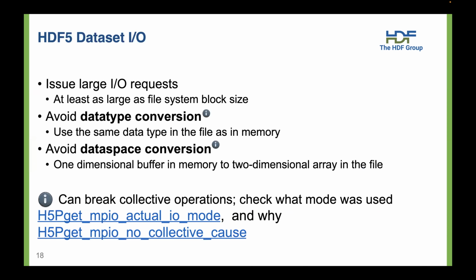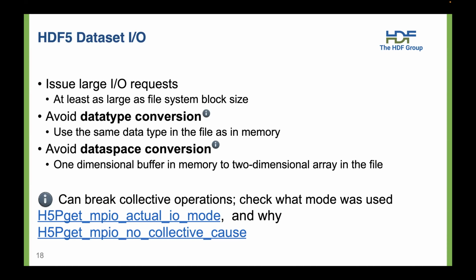In general, and I'll show some examples, you want to issue the largest I/O request possible. You also want to avoid data type conversion if you plan to use, for example, collective I/O, because that will break it. You might also pay a penalty if you do a data space conversion. So if you write a one-dimensional buffer in memory to a two-dimensional array in the file, you might get a penalty for that.